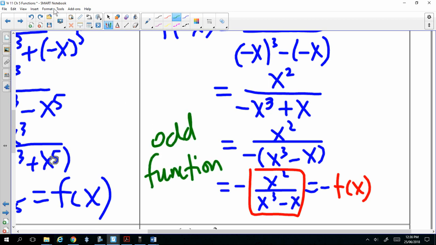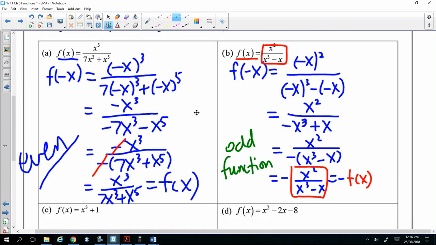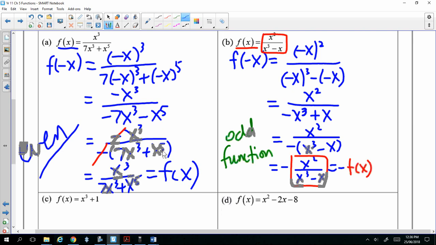Two more to go. One more, then we're done. Okay. C, would that be an odd function or even? Alright, if you cube a negative x, what do you get? Negative x cubed.